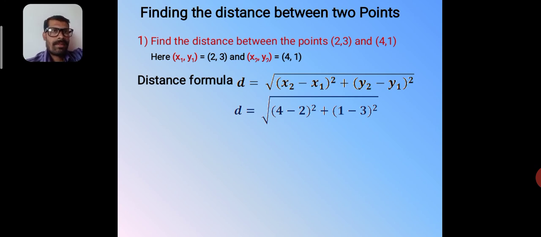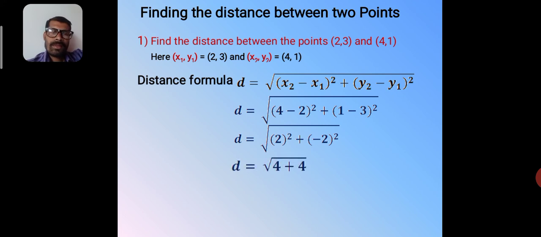Within the square root, d is equal to the square root of (4 minus 2 is 2) square plus (1 minus 3 is minus 2) whole square. Here d is equal to the square root of 2 square is 4, plus minus 2 whole square is plus 4, since minus 2 into minus 2 is plus 4. Again 4 plus 4 is 8. So d is equal to the square root of 8.